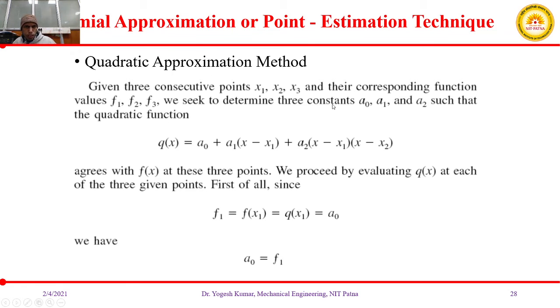In this method, we will try to determine three constants a0, a1, and a2. These constants are selected in such a way that the quadratic function satisfies the following condition.